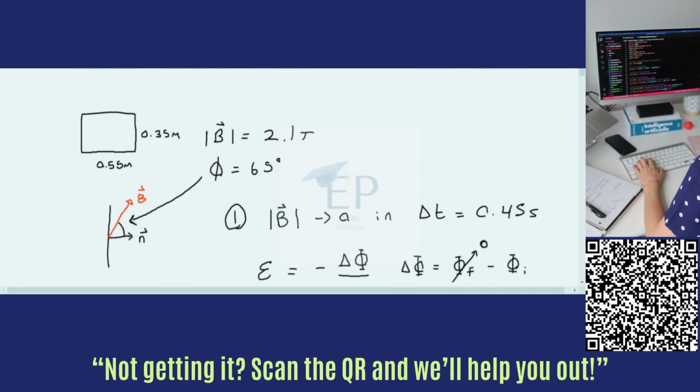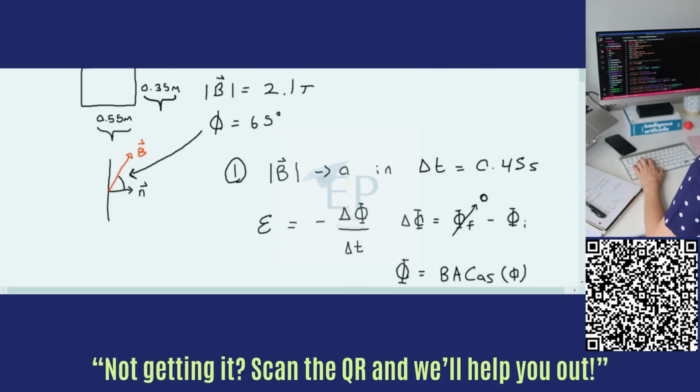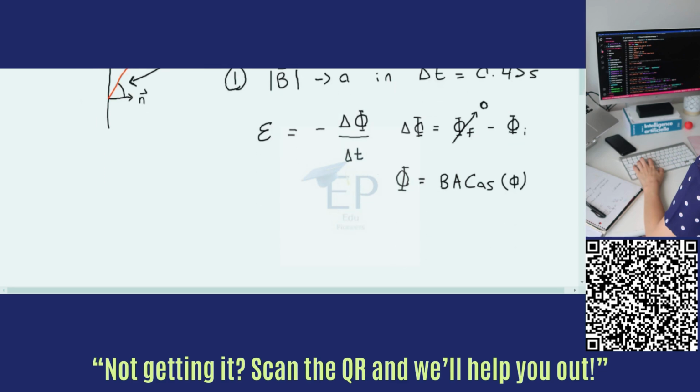Our area is just going to be the area of a rectangle, which is 0.55 meters times 0.35 meters. And the strength of our magnetic field initially is 2.1 Tesla. So I should put that. This is the initial B field there.